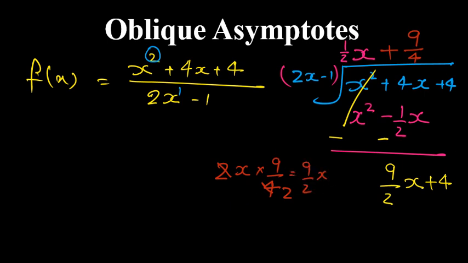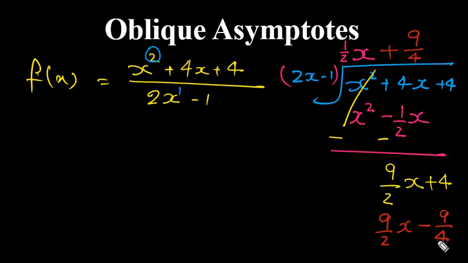Multiplying 9 over 4 with 2x gives 9 over 2x minus, because this is minus, 9 over 4. Again you subtract, this and this will cancel, and plus 4 minus minus changes the sign to plus, so 4 plus 9 over 4 gives you 25 over 4.